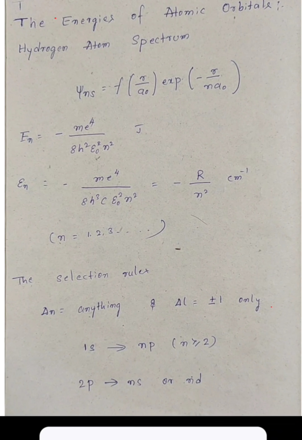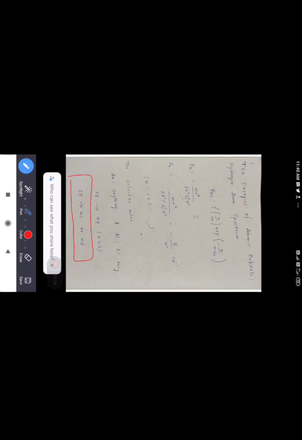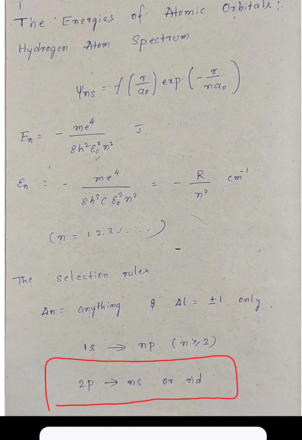Next, another example is 2p to ns or 2p to nd. Using the selection rule, delta L is equal to plus or minus 1. So 2p to 2s is an allowed transition because delta L is equal to plus or minus 1. Or 2p to nd is also allowed, because the L value of p is 1 and the L value of d is 2.